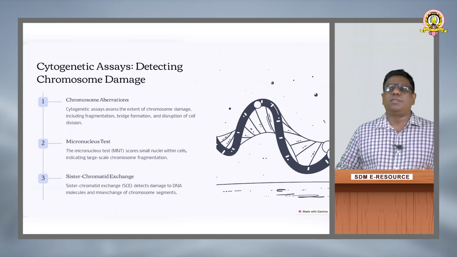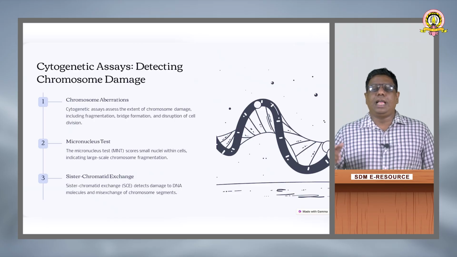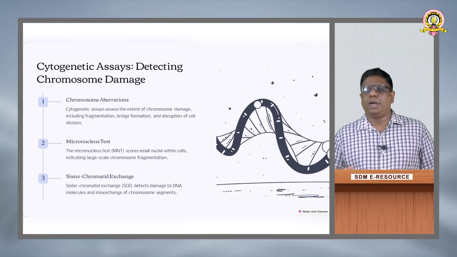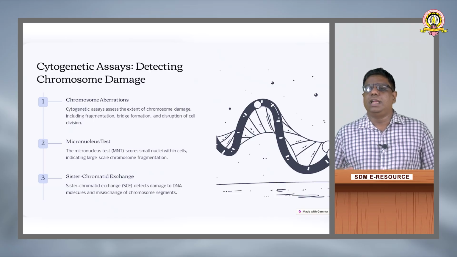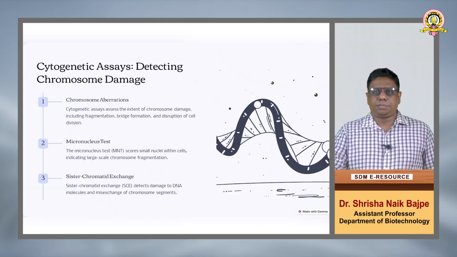So the size of the nucleus is a very good indicator for analyzing the extent of chromosomal damage. Then there is sister chromatid exchange, which detects damage to the DNA molecule and the exchange of chromosomal segments.